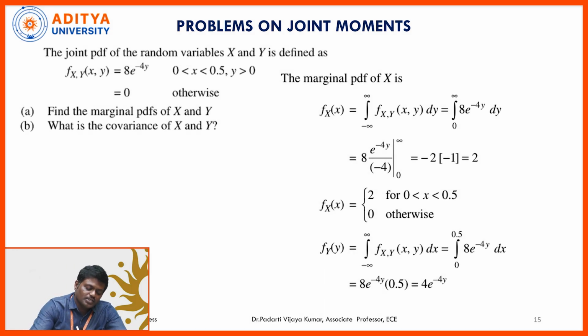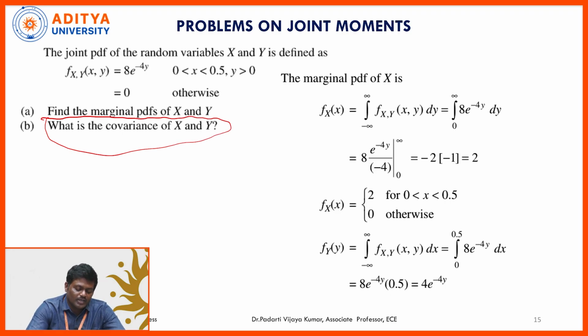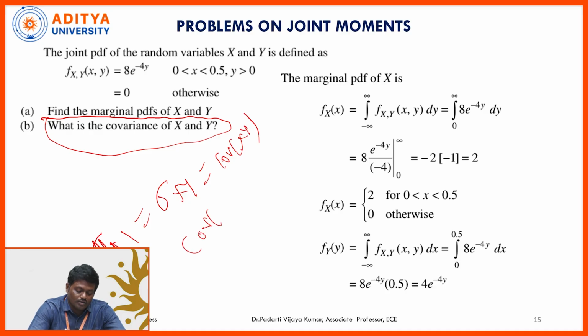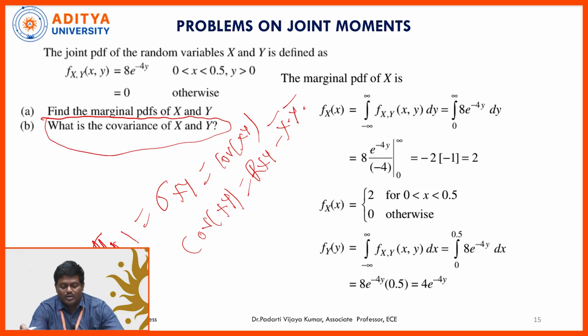The next problem is to compute the second central moment. The second central moment is mu 1 1, which is equal to sigma xy, which is equal to the covariance of xy. Covariance of xy is equal to Rxy minus x bar into y bar.